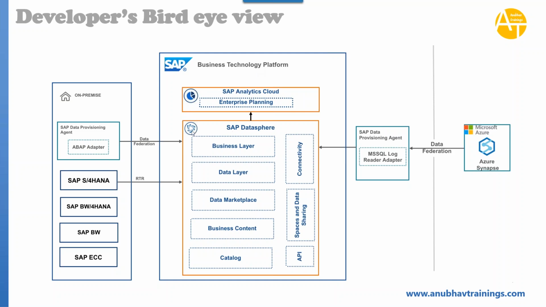So when you come to Datasphere, this is the logo of Datasphere, you can see. When it comes to Datasphere, you start with the catalog. First you browse the catalog to look at whether the requirement you're trying to build is already built by somebody else in your team, which you can reuse. On top of it, you can browse the business content, the content offered by SAP or by SAP partners, where you have already followed industry best practices.